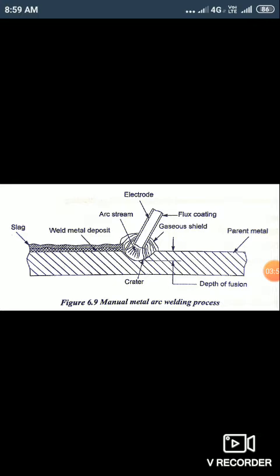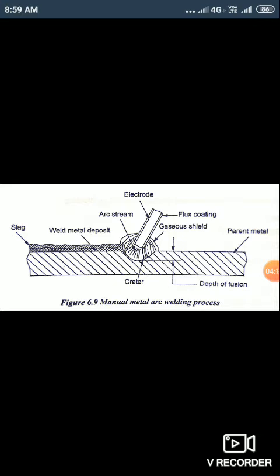The temperature of the arc is about 5000 degrees Celsius to 6000 degrees Celsius. The electrode supplies additional filler metal into the joints, and it is deposited along the joint.